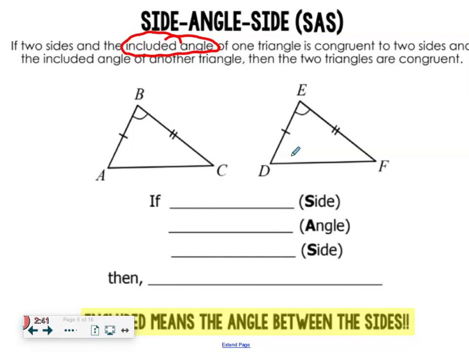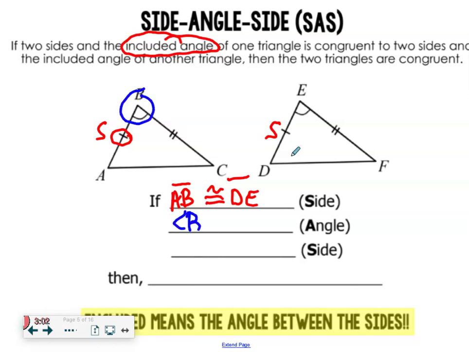So if we look here, I have 1 tick mark, and what does that correspond to on the other triangle? Yep, congruent to DE. So those are a pair of sides. Then our angle, I have angle B congruent to angle E. Yep. I'm going to mark it with an A so I know it's an A for angle.